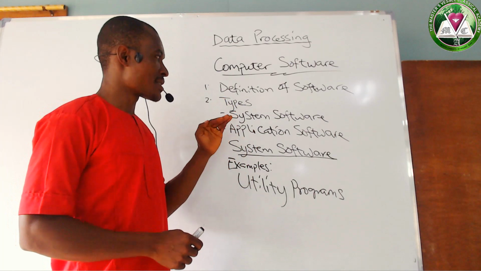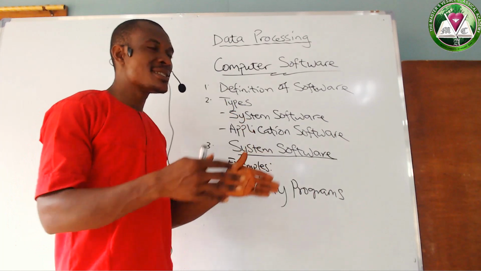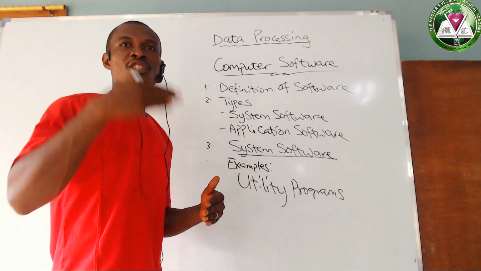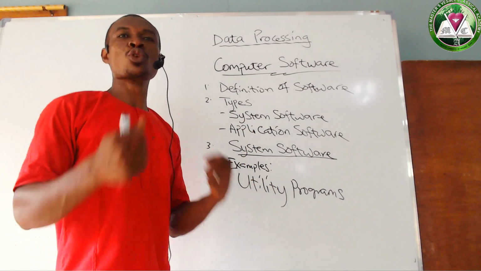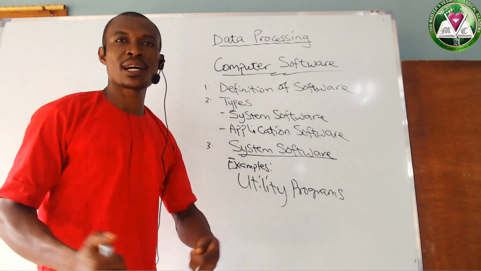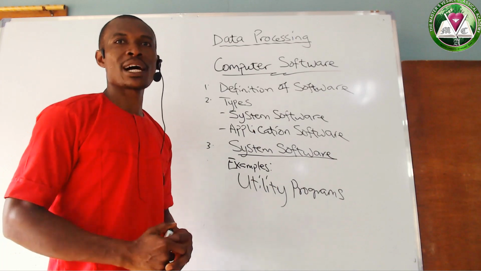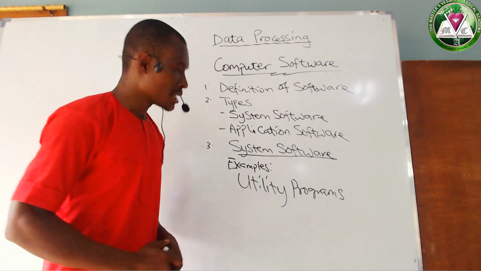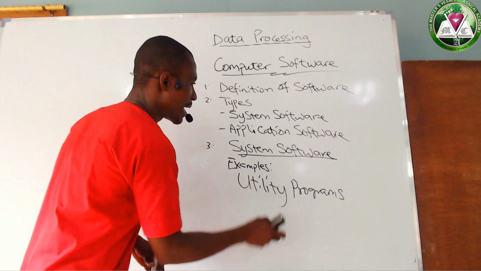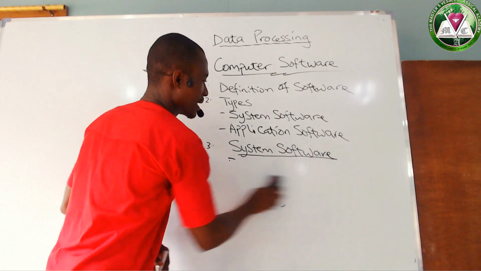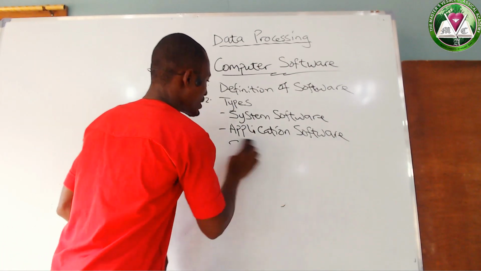Remember, we have said system software is a set of programs or instructions that controls the functionality of the computer and also creates a platform for other application packages to run. Let's now look at what we mean by application package or application software.